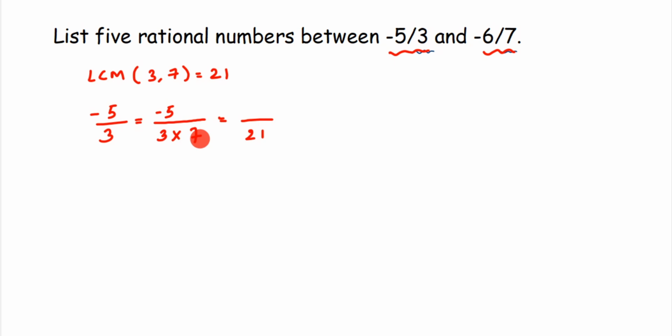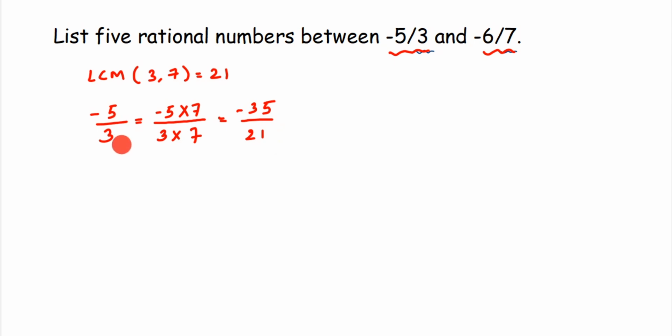Whenever you multiply a number in the denominator to find the equivalent rational number, the same number you have to multiply in the numerator. So this will be minus 5 times 7, which is minus 35. So minus 35 over 21 is an equivalent rational number of minus 5 third.